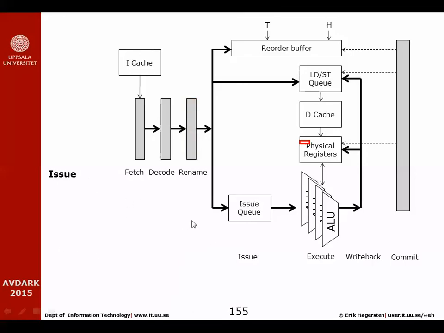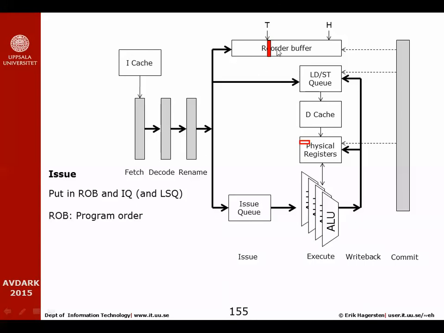Then life goes on. We come to the issue stage. So in the issue stage, several things will happen. The instruction will be put in the reorder buffer, the issue queue, and the load store queue. See how I abbreviate this to be ROB, IQ, and LSQ.